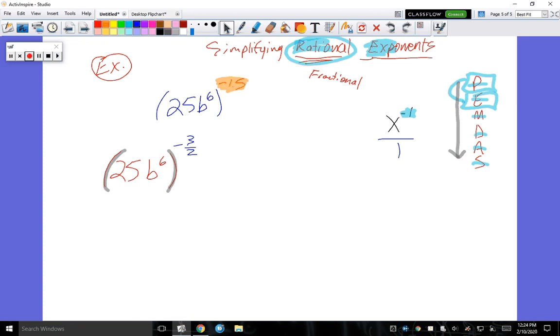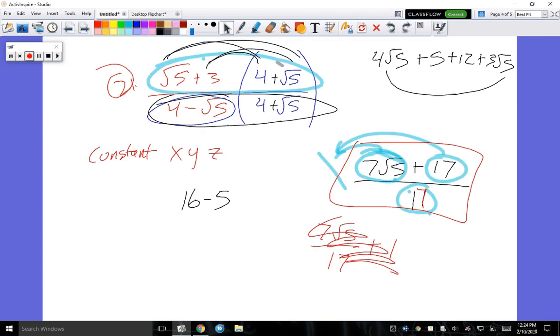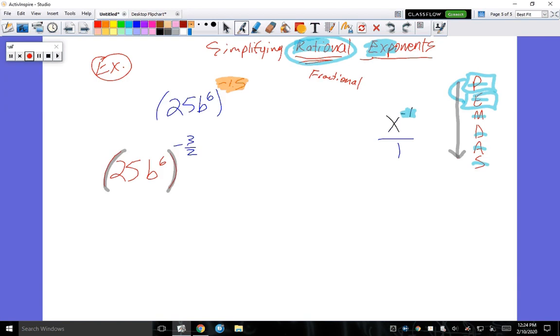If I can simplify in parentheses, I will do that first because of the way that I've been trained with PEMDAS. And then I will work with the exponent by distributing the exponent afterwards. You with me? Okay? To me, there's nothing to simplify on the inside. There's no fraction that I can reduce. So I can go straight to applying this negative 3 halves to two different bases.